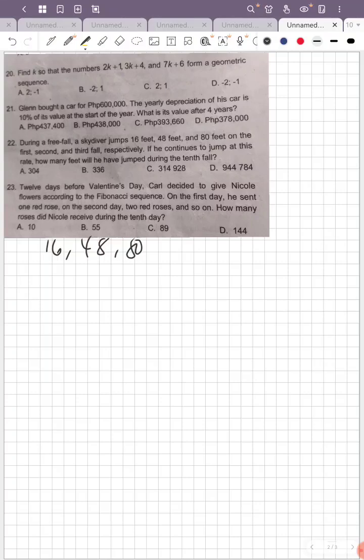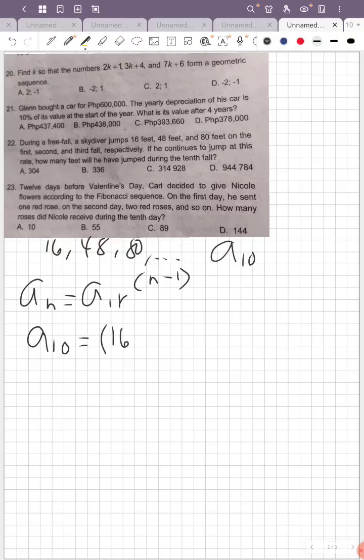So what we're gonna solve would be the a sub 10 or the 10th term. So still we're gonna use a sub n is equal to a sub 1 times r raised to the power of quantity of n minus 1. So we have a sub 10 is equal to, the a sub 1 would be 16, the r would be 40 divided by 16, it should be 2.5, then raised to the power of 10 minus 1, which is basically 9.